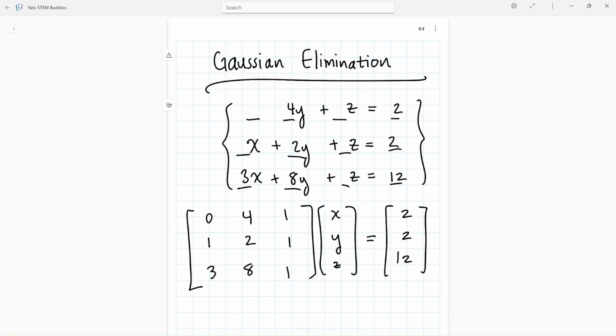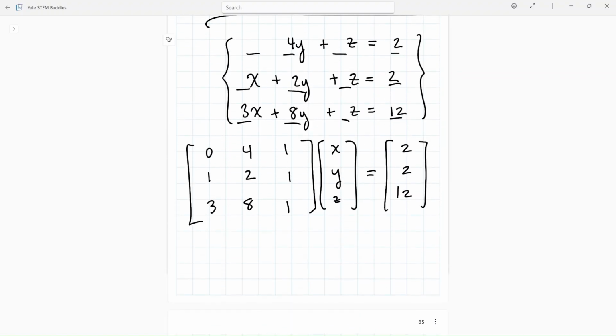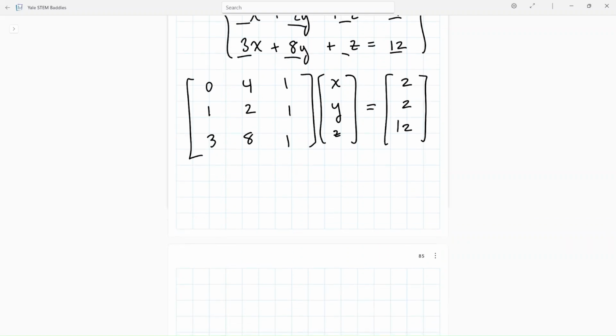Okay, perfect. Let's think about how we are going to solve this using Gaussian elimination. The variables are superfluous to us. We don't want to keep writing them, so let's put this into what we call an augmented matrix.